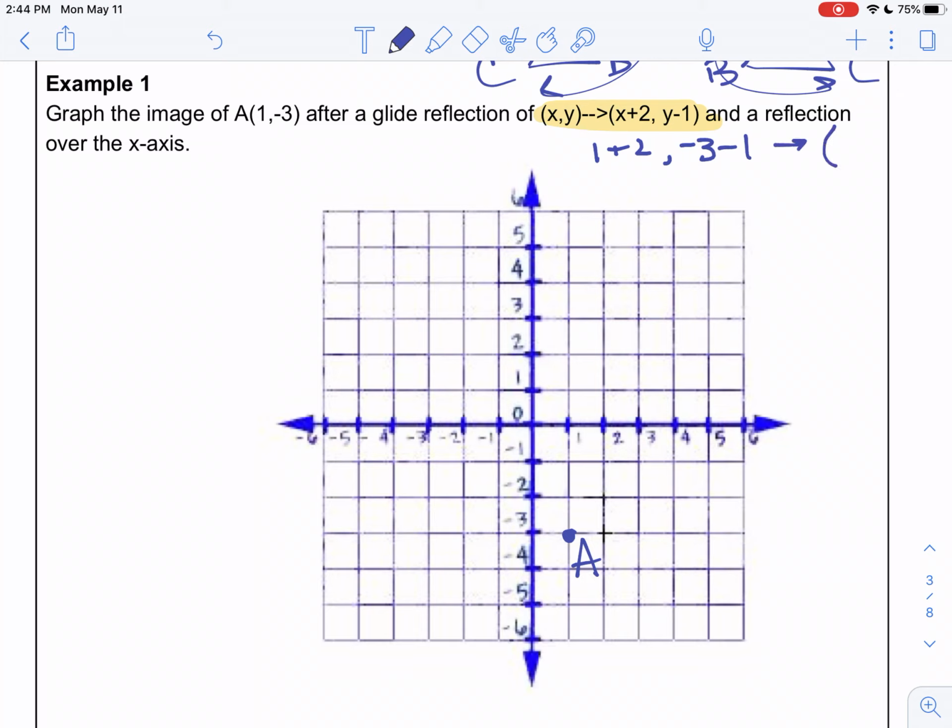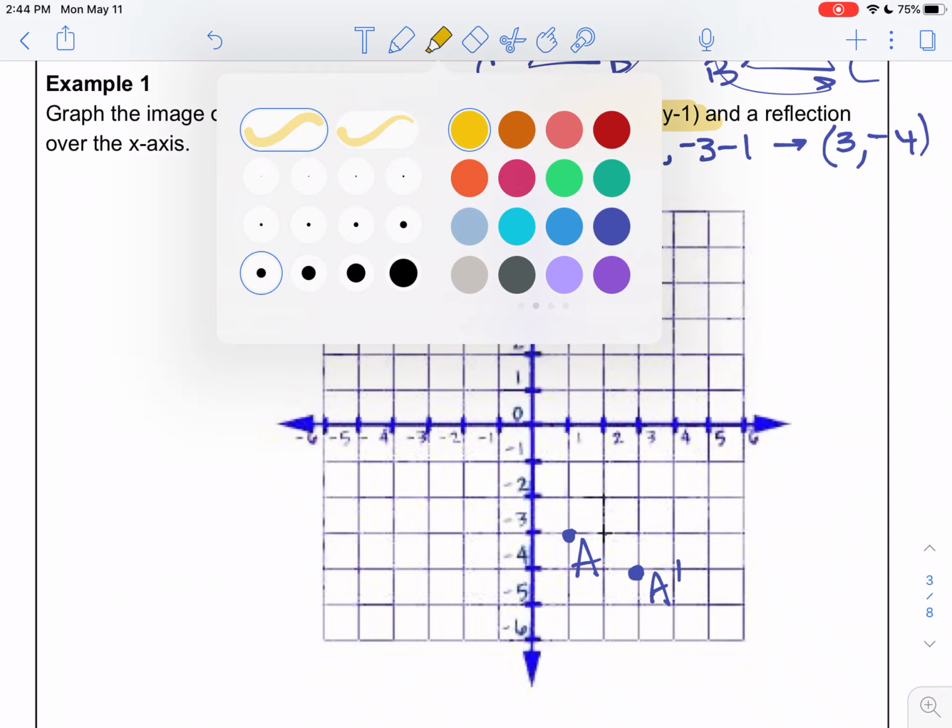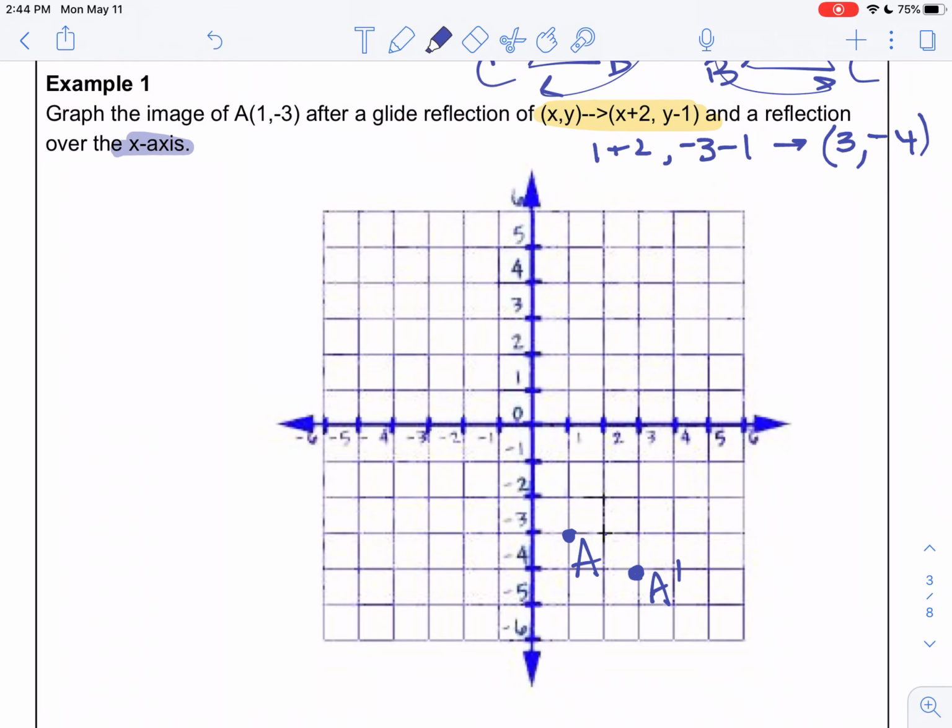And when we do that, 1 plus 2 gives us 3. -3 minus 1 gives us -4. Same thing as moving right 2 units, down 1. So here's our A prime. We are now going to reflect over the x-axis. So here's our x-axis.